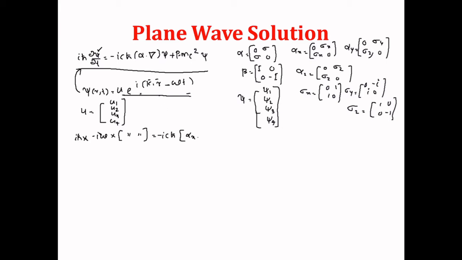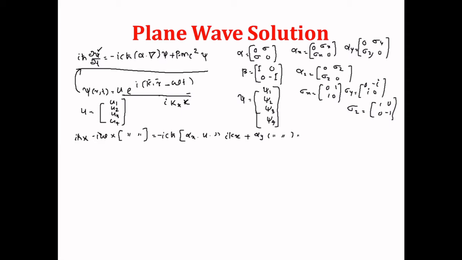When you take the derivative, u will be there, and here it is k·r, so its x component will be kx into x, and there is an i here. So when you take the derivative, you will get i into kx. So here there will be one term i kx. Similarly you can write the remaining terms, that is alpha y, and this term will be there, u and e raised to i(k·r − ωt).